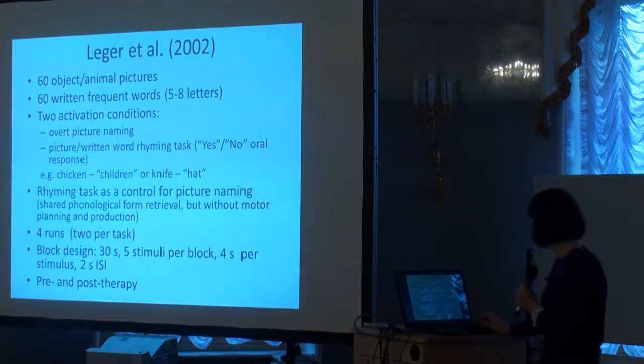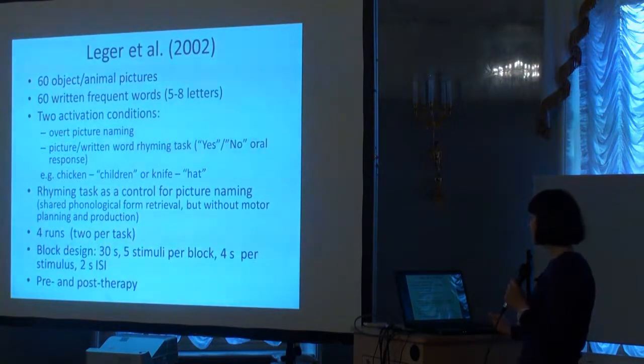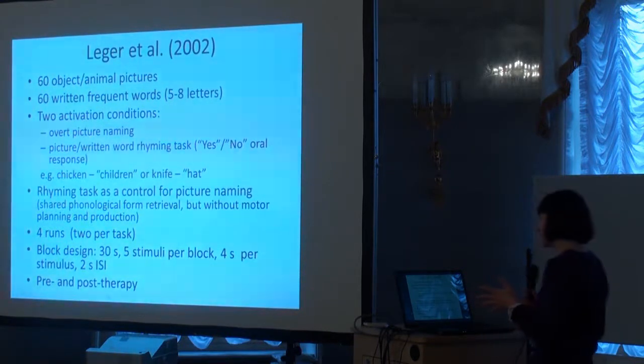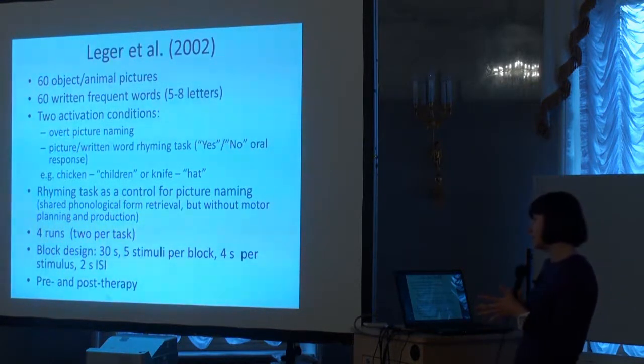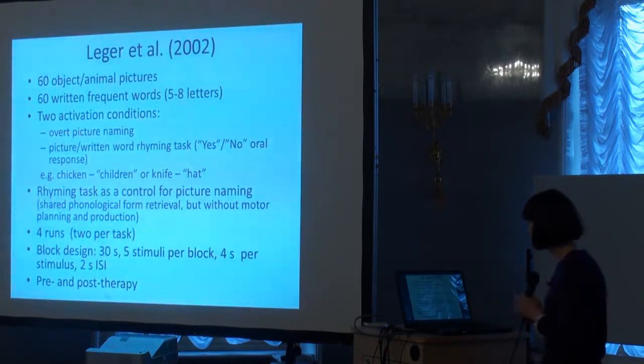The first paper was on French. The task focused on object naming, but used a very nice control condition, from my point of view. The stimuli were object or animal pictures on the one hand, and on the other hand, written frequent words, with controlled word length.